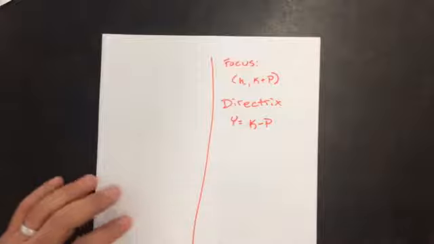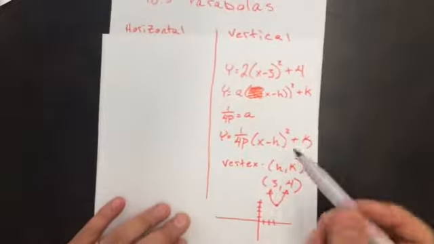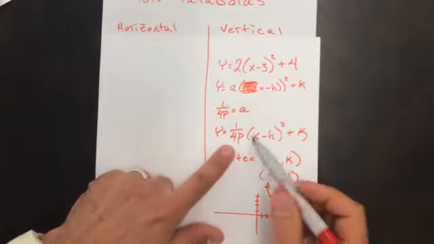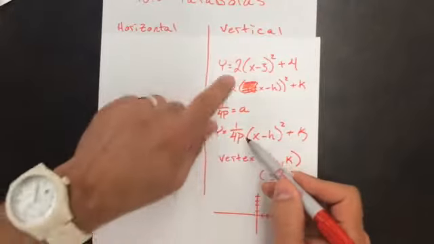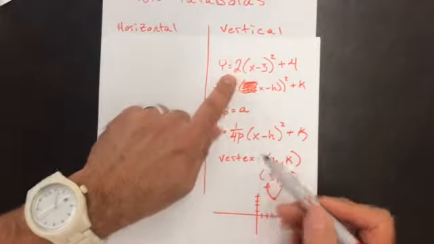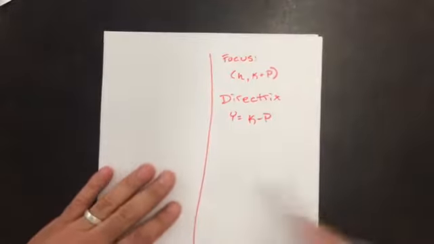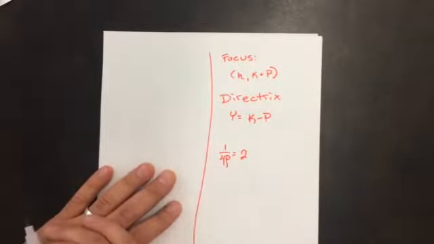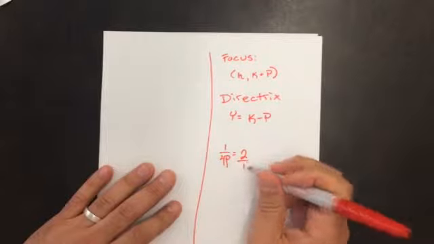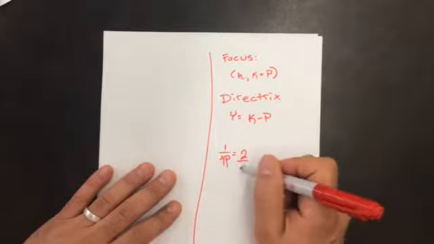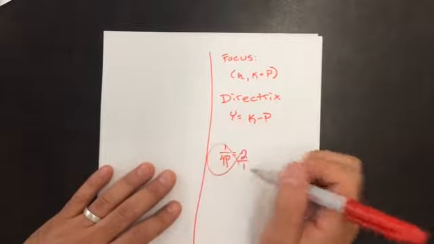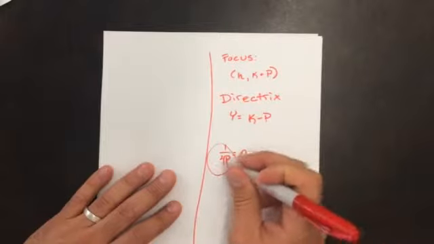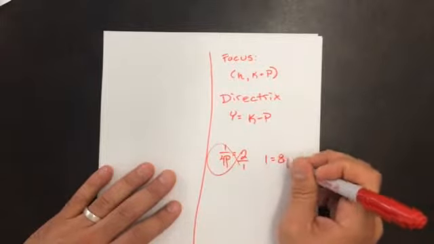But it's still the second value we're finding. To find p, I need to set this equal to what I have where my a was, which is 2. So I'm going to say 1 over 4p equals 2. 2 as a fraction is 2 over 1. I multiply 1 times 1, which gives me 1, and 2 times 4p, which gives me 8p.